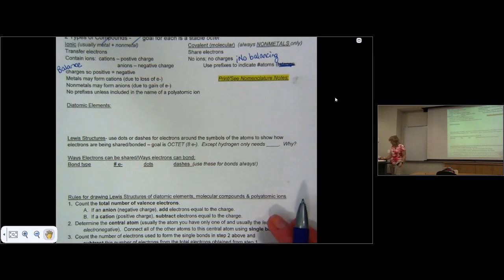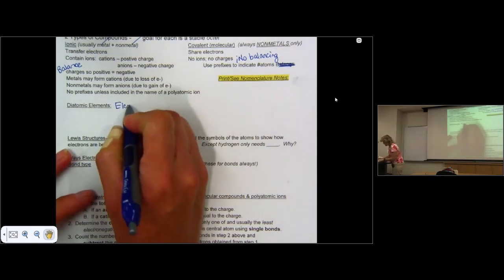We're going to talk about diatomic elements. Diatomic, what do you think that means? Di means two, two atoms. Two-atomed elements, and that's what diatomic elements are.